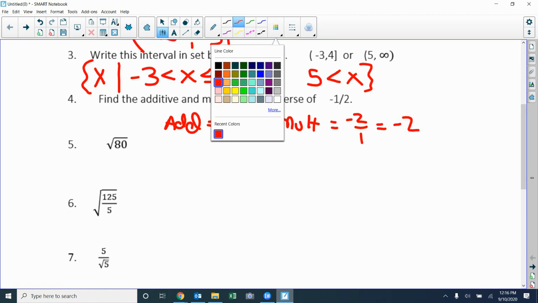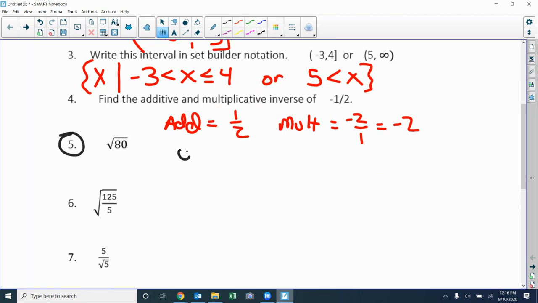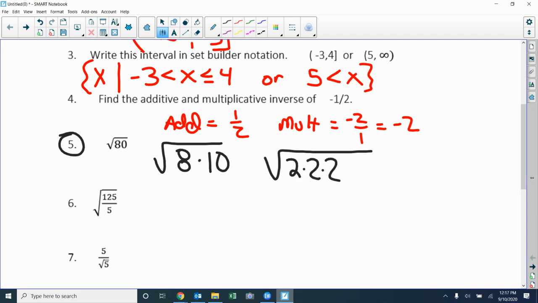Square root of 80. How about 8 times 10? Is everybody good with that? Still under the radical. 8. How many 2's is 8? There's 3 of them. What's going on with 10? Okay?